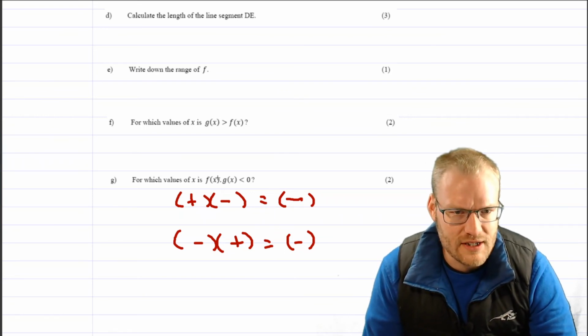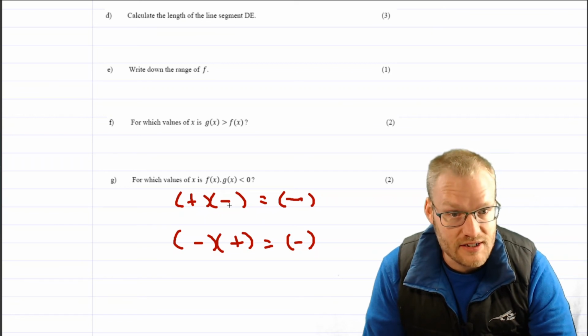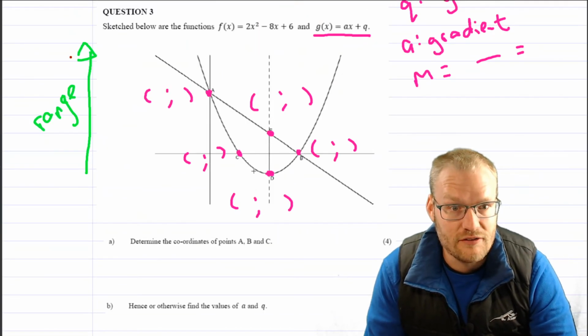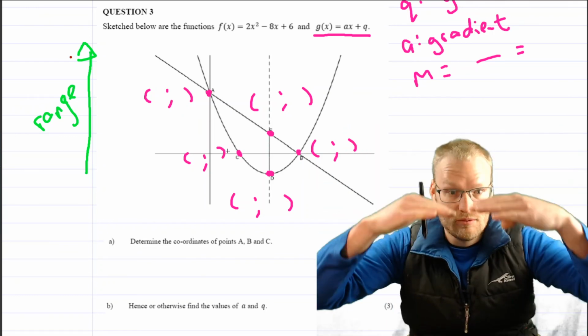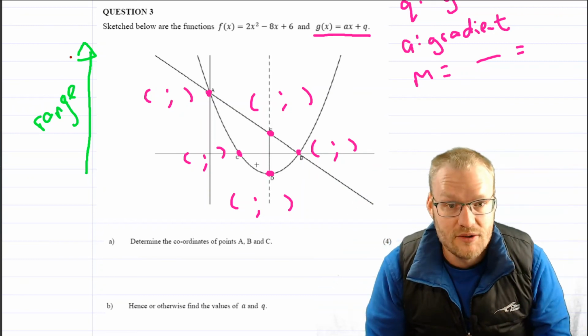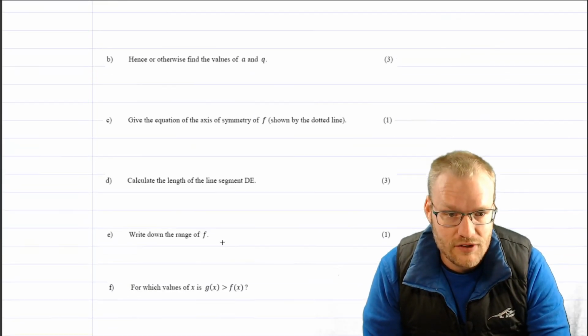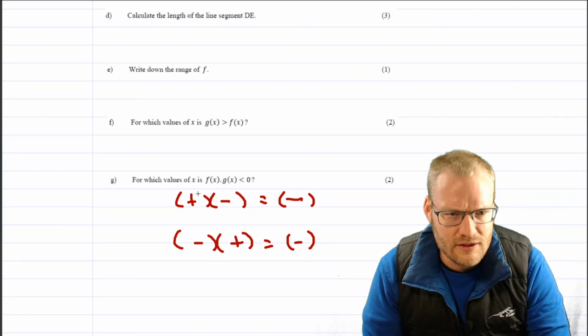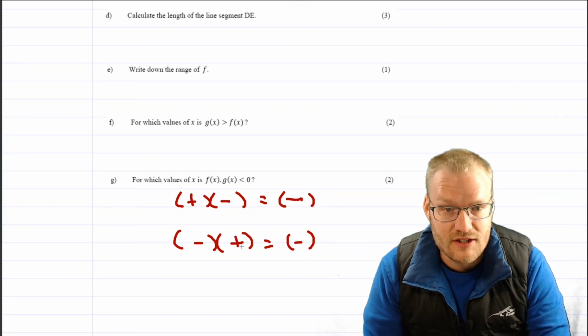Okay, so when is f(x) positive and g(x) negative? Look at our graph here and say, when is the parabola positive, when's the y value positive, but g(x) is negative? And then for the next bit, when is f(x) negative and g(x) positive?